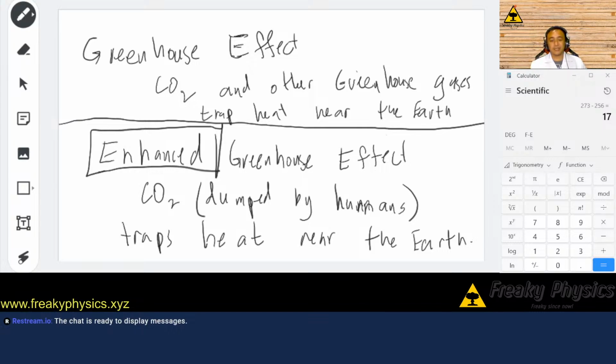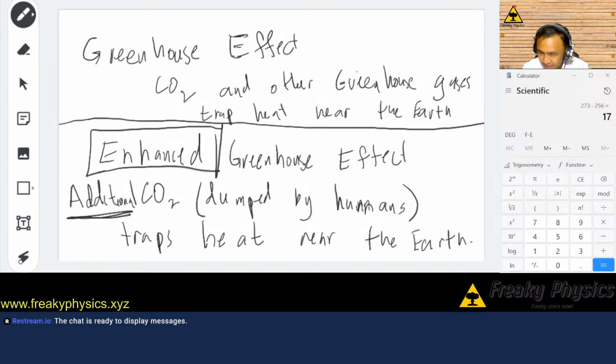In fact, it's essential for life on Earth. It's the enhanced greenhouse effect that's causing problems. So for the enhanced one, I'll write another word, additional. Okay, so how does this work?